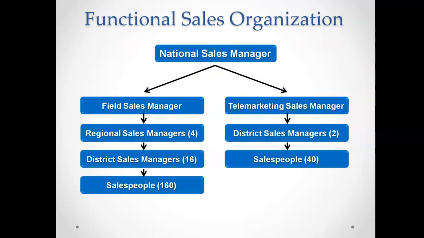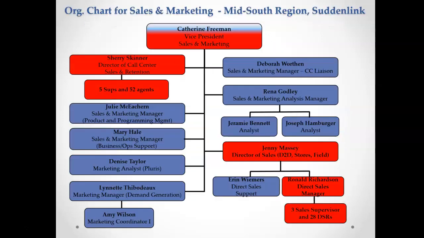Another type would be a functional sales organization. I'm running through these quickly just because you can see some of it yourself, and I don't want to make the videos too long, but a lot of it is self-explanatory in that a functional sales organization is by function. That's like having inside sales and having outside sales. In this case, this is an organizational sales chart, again, for the Mid-South region.